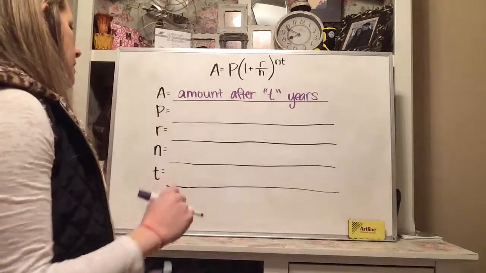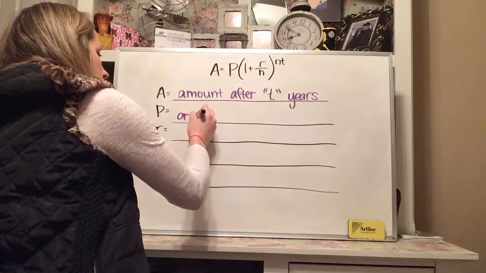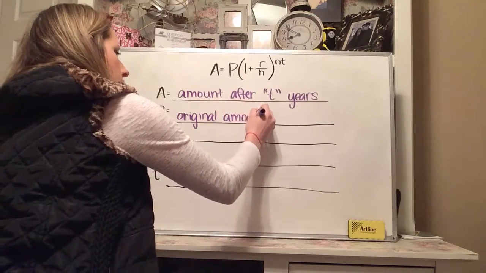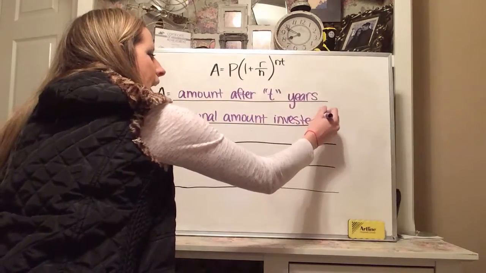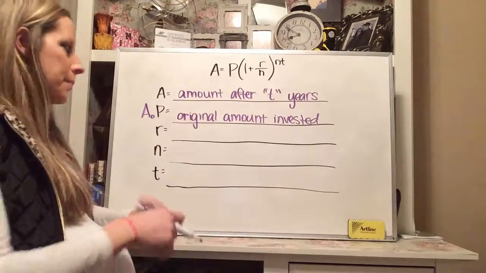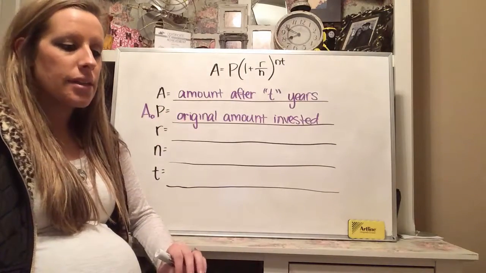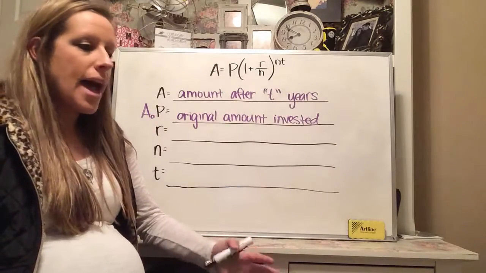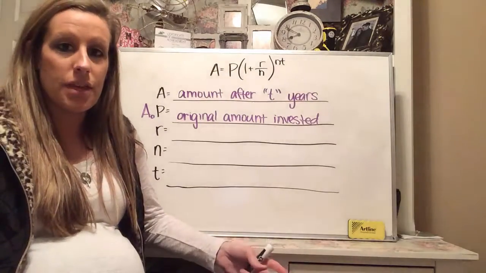Okay, the P is for the original amount invested. There are some formulas, if you Google this, that won't have the P. They'll have an A with a little O, standing for the original amount. The reason some people put the letter P is because we call it the principal amount. So like if I go open a bank account, the deposit would be the principal.